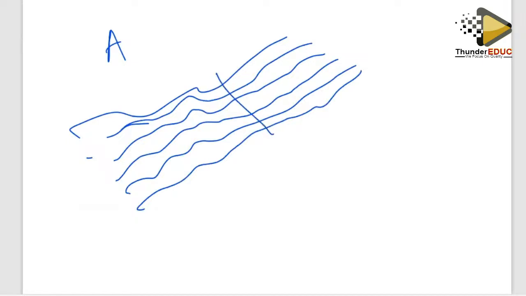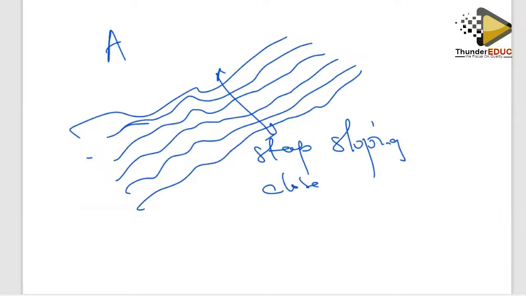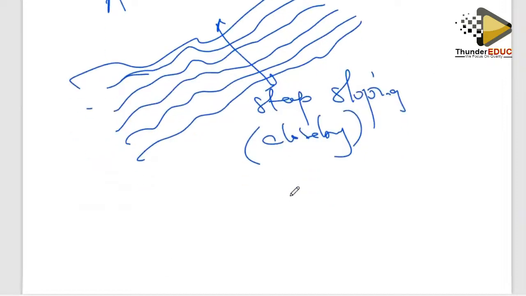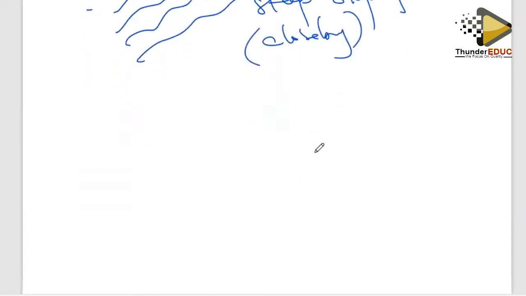If you check the nature of the landscape across this line here, it means this area is a steep sloping landscape. The contour lines are close to each other, indicating that there is a steep gradient or the area is steep sloping. Where you see contour lines spaced like that, it means the area is steep sloping.